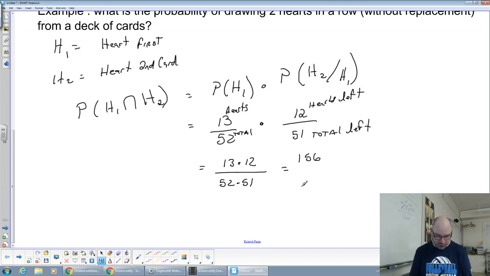And 52 times 51, 2,652. Okay, so if we go 156 divided by 2,652, it's 1 over 17 in fraction form, or 0.0588.